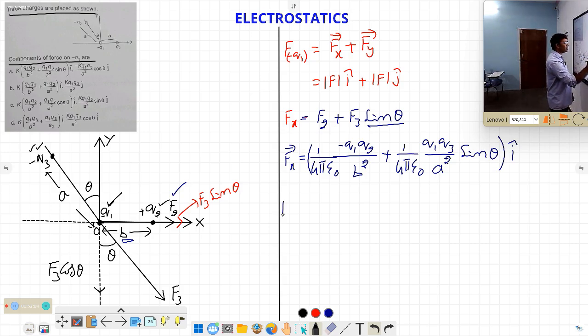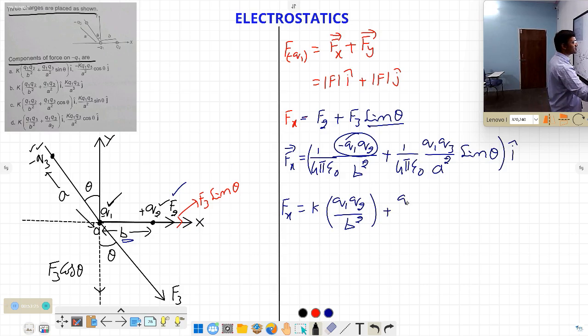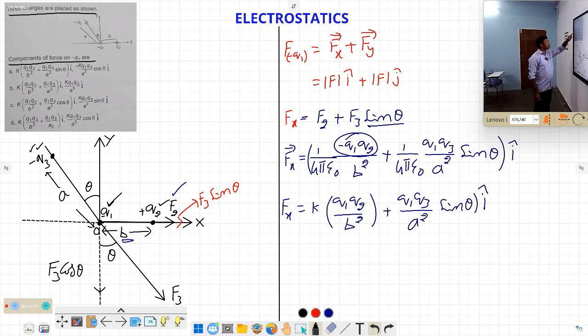So we also write in that form: Fx equal to k, taking it common, Q1 Q2 by b square plus Q1 Q3 by a square sine theta i cap. Check the first option: k into Q1 Q2 by b square plus Q1 Q3 by a square into sine theta i cap. This is similar to this.